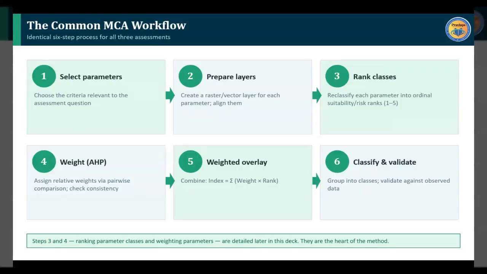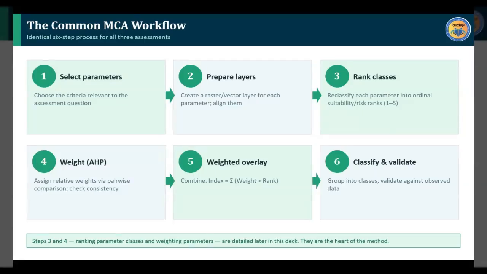At the third step, we assign weights using the analytic hierarchy process. And step 4, we run a weighted overlay for every pixel. We sum the weight times the rank. So, weight once we assign, that will be multiplied with the rank.